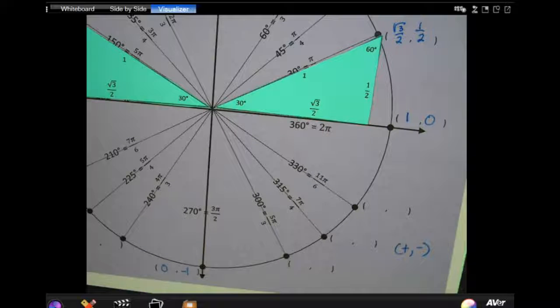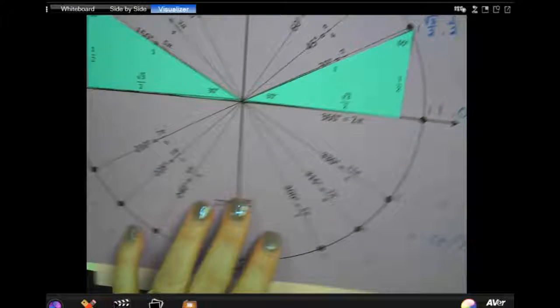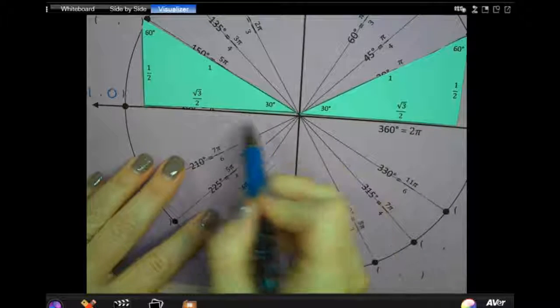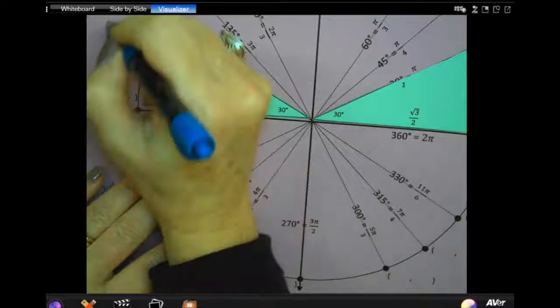Now listen. On this side, across, this is the reference angle that's 30 still, right? But what's true on this side about our x? X is negative. So what's the x value?